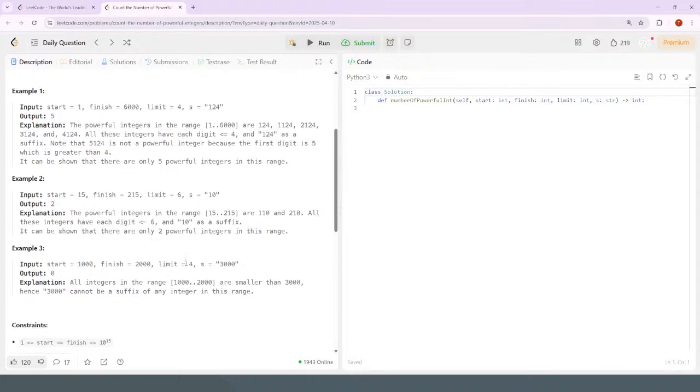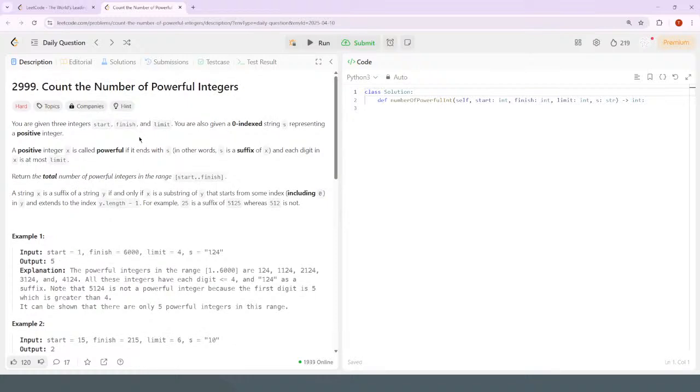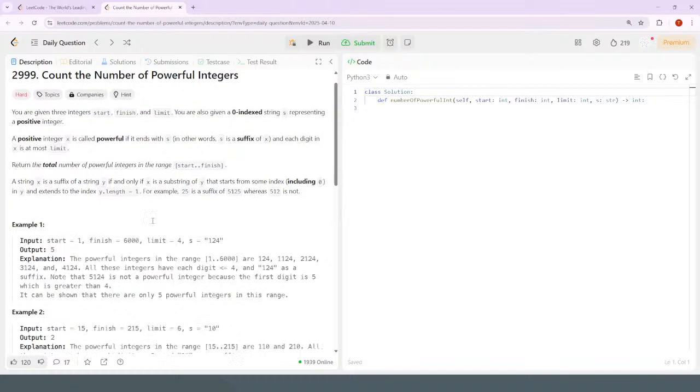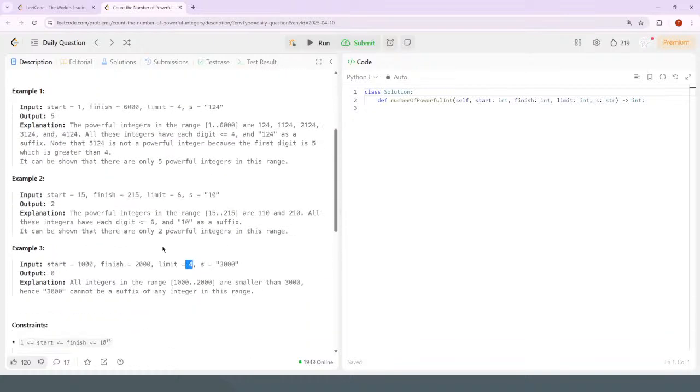And here the limit is 4. Is the limit always a digit? Each digit, yeah, okay, limit is a digit. Then 1000 to 2000, the suffix is 3000, that can't possibly occur. And the limit is 4.